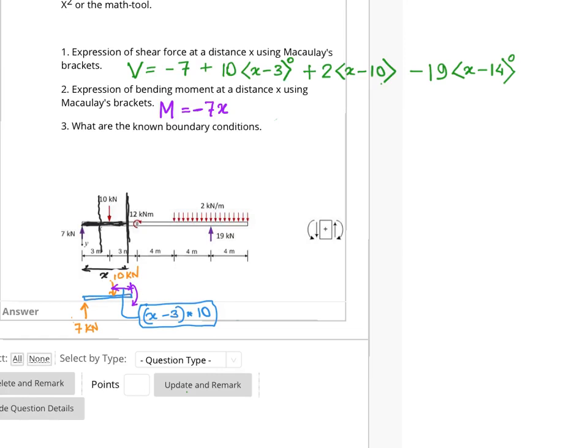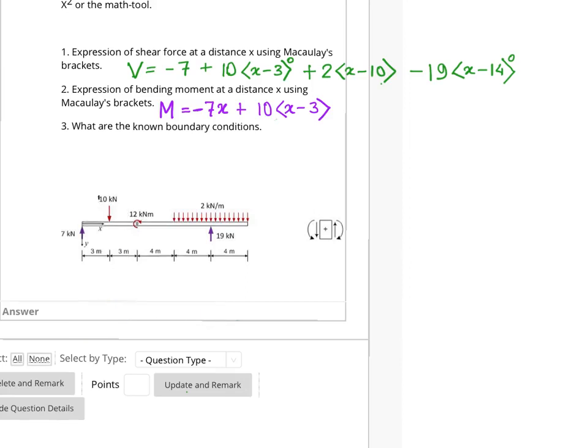So we need to replace this x minus 3 with a Macaulay bracket. So as we've discussed, this is plus 10 times x minus 3. That is the contribution of the moment due to this 10 kilonewton force. Now let's take our next section over here.